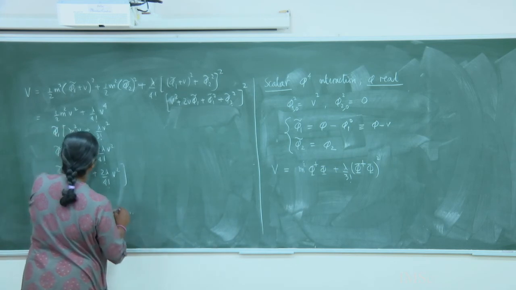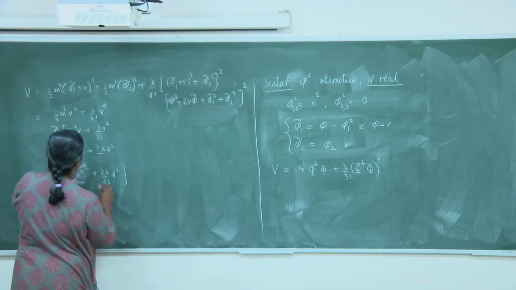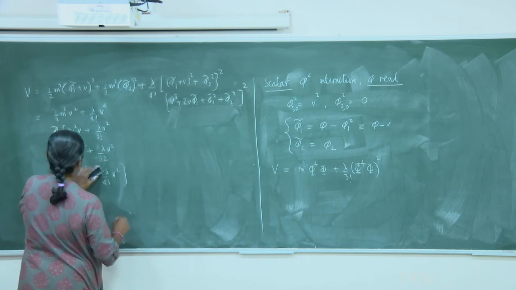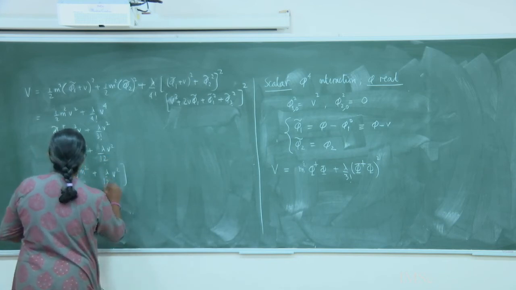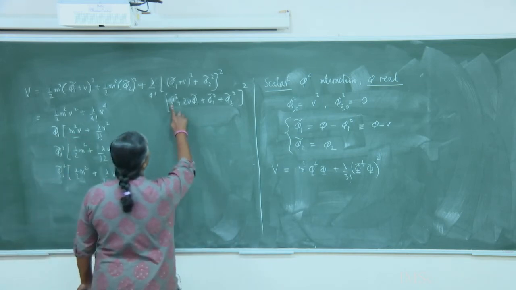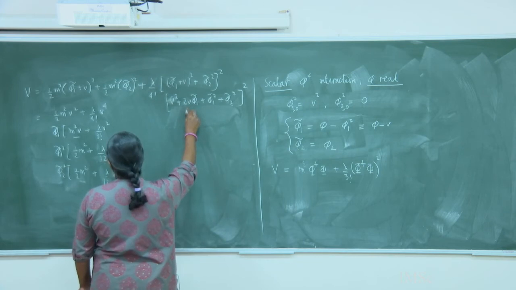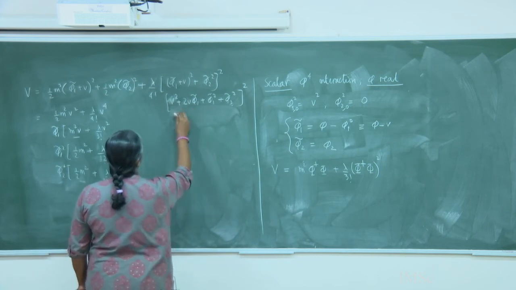So 2 by 4 factorial is 1 by 12. I am doing something wrong. This squared plus this squared. I did not do this squared term. There are two terms, right? Sorry, let me just write this term.